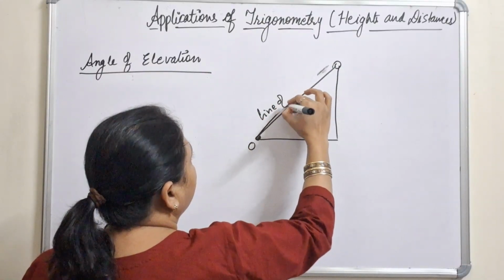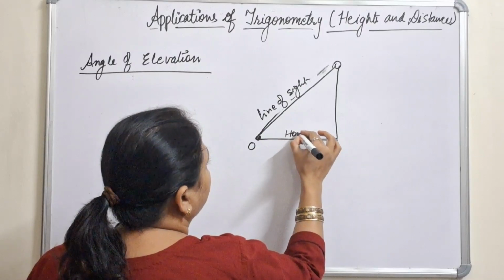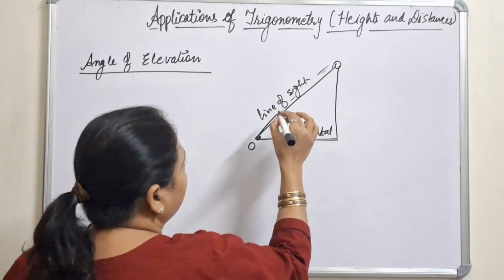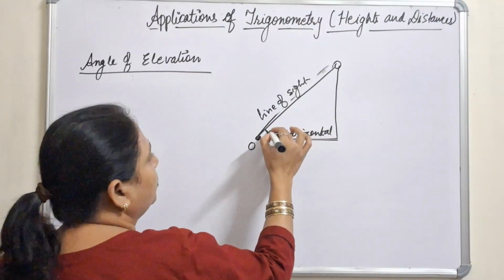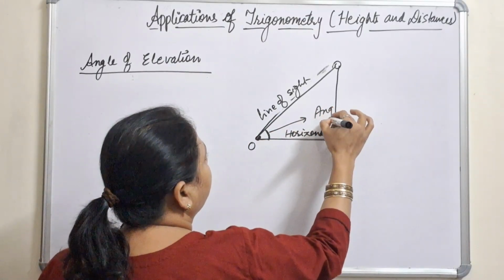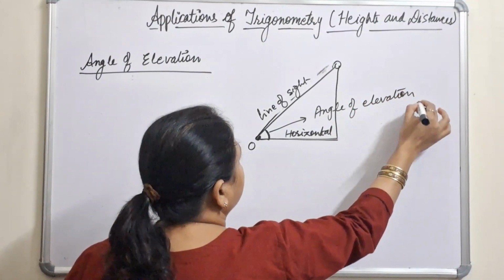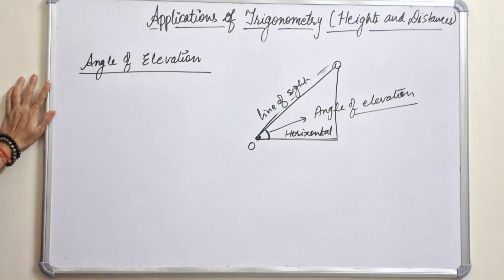This is the line of sight, and this is horizontal. So the angle made between the line of sight and horizontal is known as angle of elevation. This is a very important concept, and all the questions are based on angle of elevation.